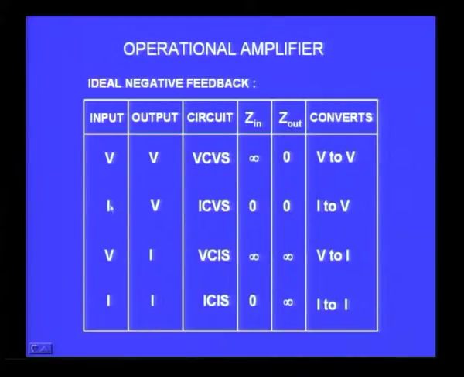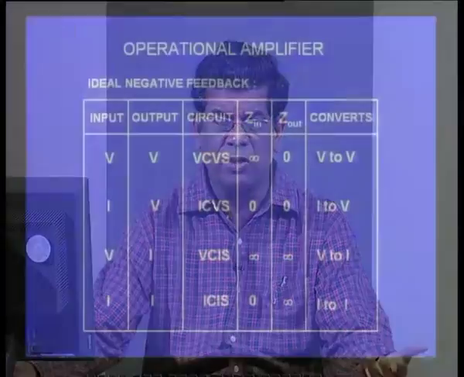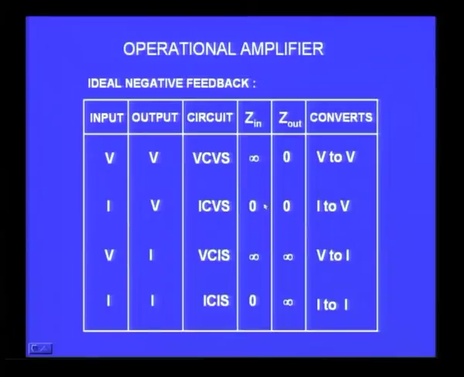In the second circuit you have a parallel connection, and therefore the input resistance is reduced, and therefore it becomes a current drive, and at the output is again the voltage because you are sensing it in parallel, and therefore it is a current controlled voltage source, and an ideal current controlled voltage source should have 0 input resistance and 0 output resistance, and it becomes an I to V converter.